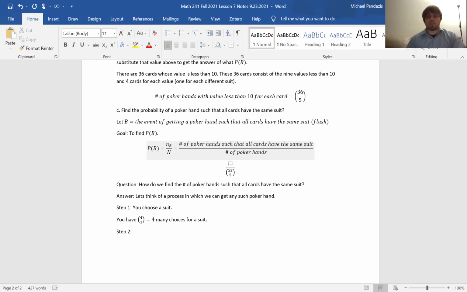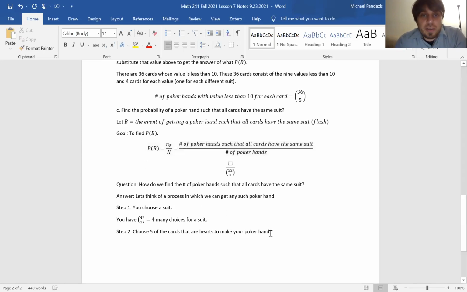So step 2 is to choose 5 of the 13 cards in the deck that are the same suit as the one you chose. If you chose hearts, it would be hearts; if you chose spades, it would be spades.